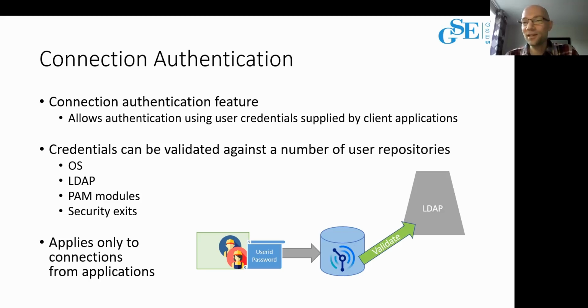You could actually tell the queue manager not to bother checking the user ID and password at all, or you can tell it that every application connecting must specify a user ID and a password. And the user ID and password that is specified can be validated against several different types of repositories. Or rather, you have a choice to pick one of the different types of repositories in your queue manager configuration.